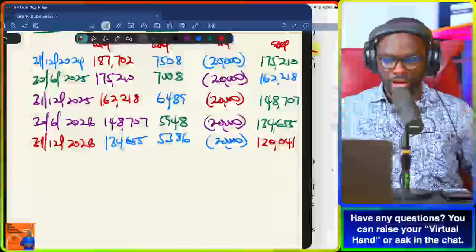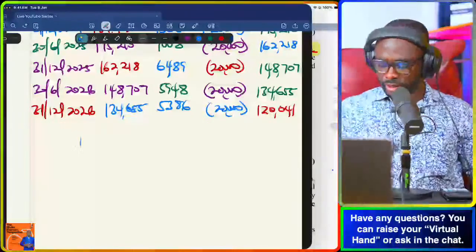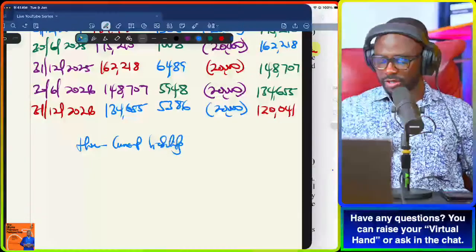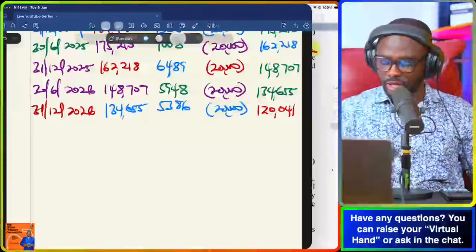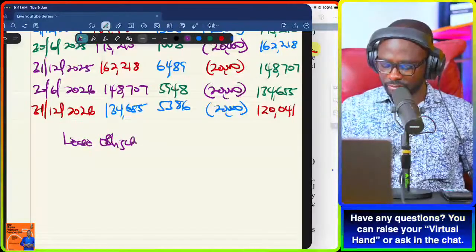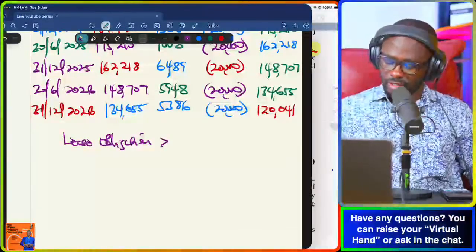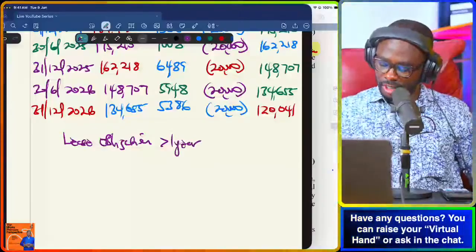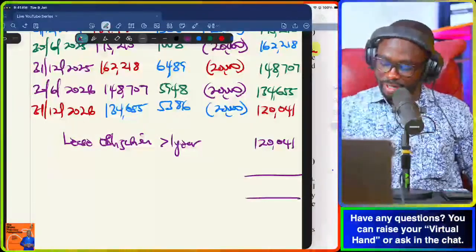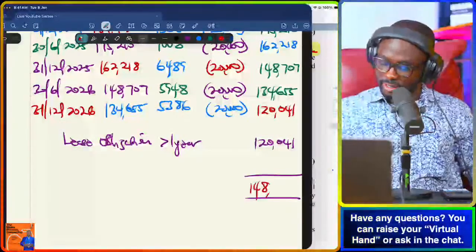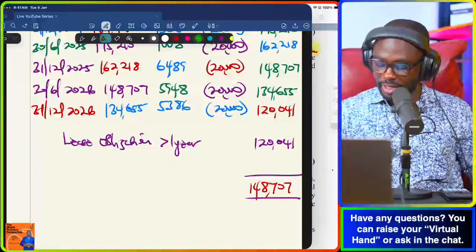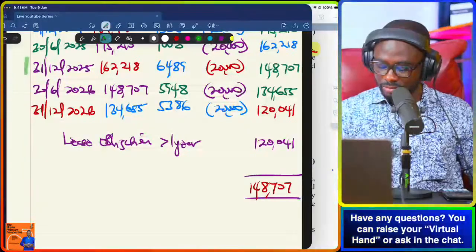Now we are home. So the non-current liability of the lease obligation, let me put it this way. On the face of the statement of financial position, we'll have lease obligation above a year. It will be the 120,041. But the total liability is 148,707, which is the carrying amount we got at the reporting date, 31st December 2025.